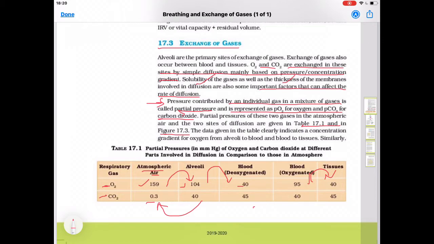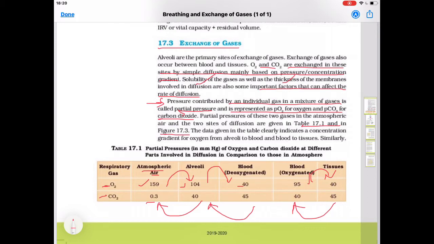So from 45 towards 40, from tissue region towards the blood, it moves. Similarly, a gradient is present for carbon dioxide in the opposite direction, that is from tissue to blood and blood to alveoli.